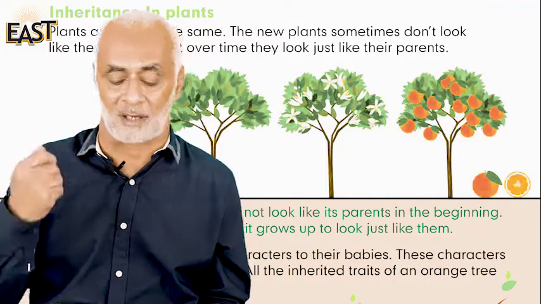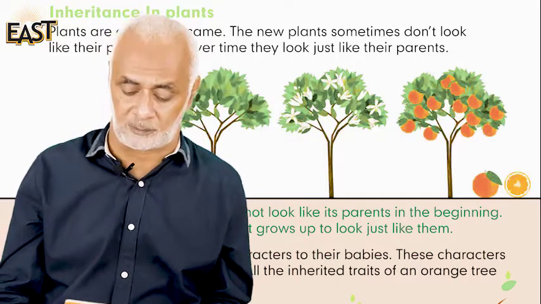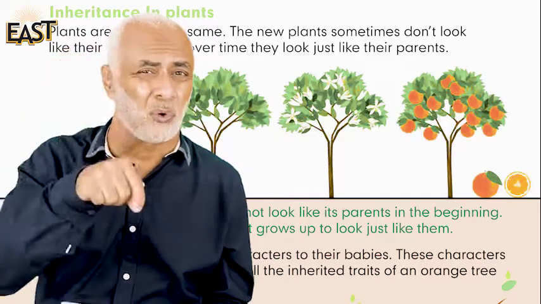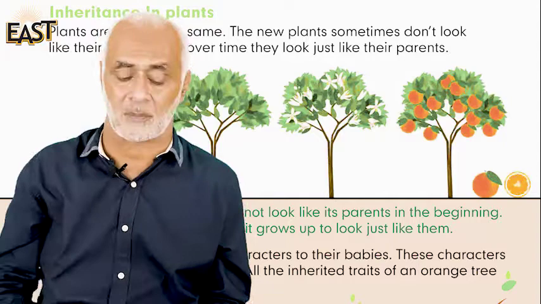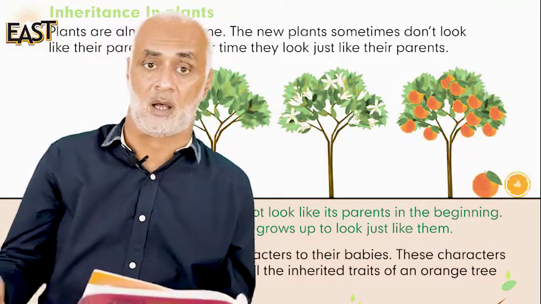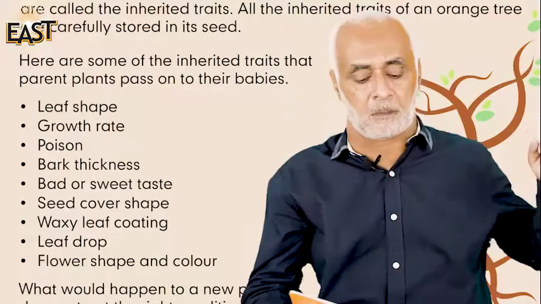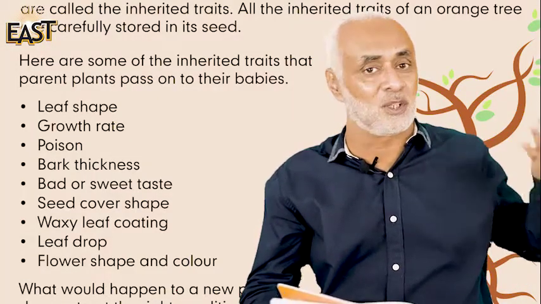Inherited traits. All the inherited traits of an orange tree are actually stored in its seed. The seed has all the information. Here are some of the inherited traits that parent plants pass on to their babies.